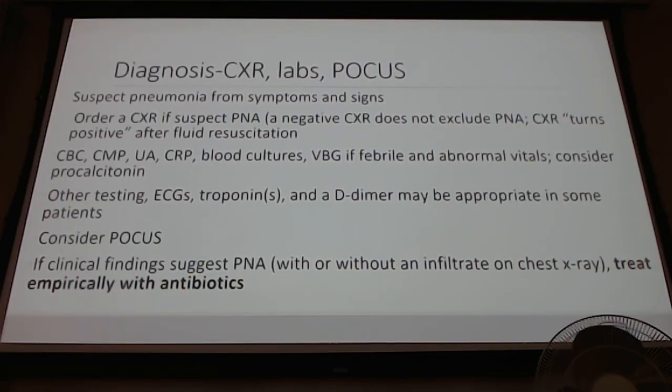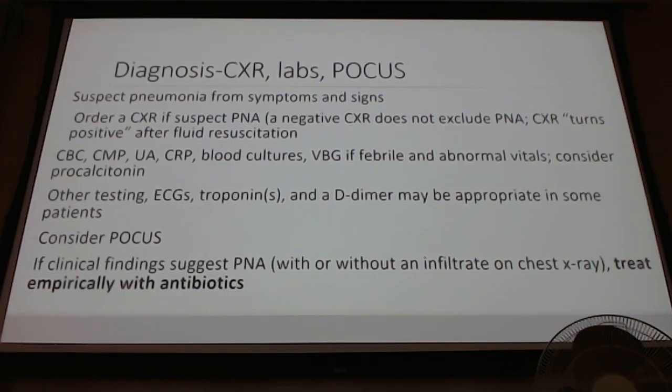In the right patient population, anybody with heart disease or elderly, we may add some cardiac markers on there, because an acute myocardial infarction could present, or they mistake those symptoms for pneumonia. We don't need a D-dimer in all these patients unless we suspect some sort of pulmonary embolism, or it's on our differential.